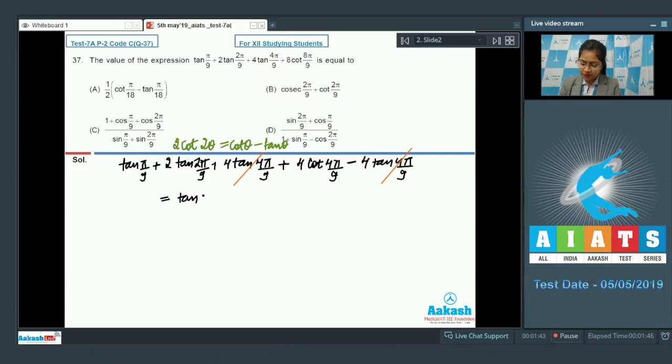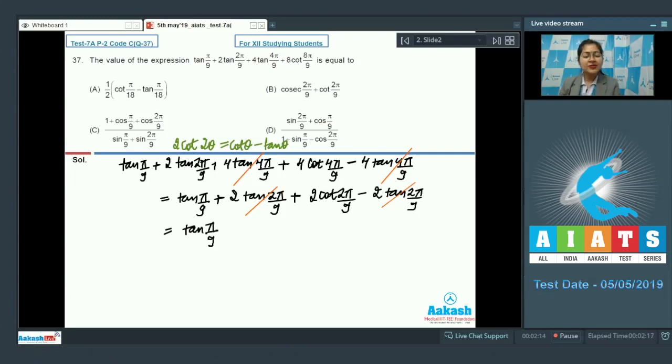So we are left with tan pi by 9 plus 2 times tan 2 pi by 9 plus 4 times cot 4 pi by 9, which again can be written as 2 times cot 2 pi by 9 minus 2 times tan 2 pi by 9. Similarly, here also these two terms will get cancelled. So this is equal to tan pi by 9.